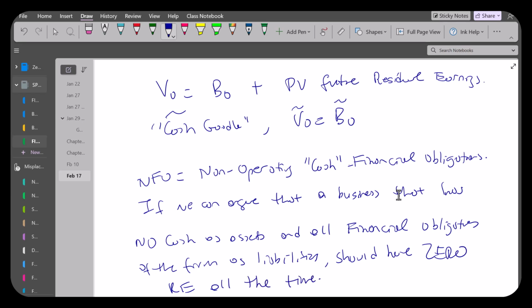That means the value of that non-operating firm is equal to non-operating cash minus net financial obligations. So that part is done.